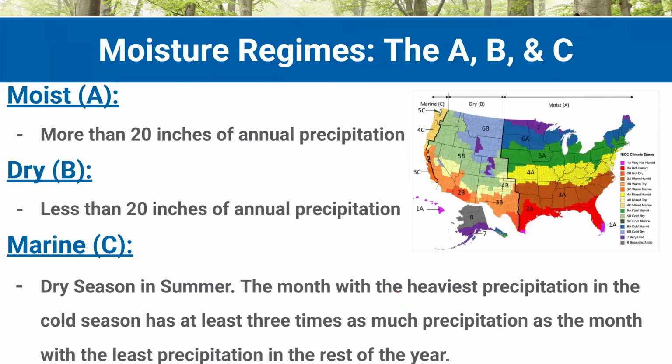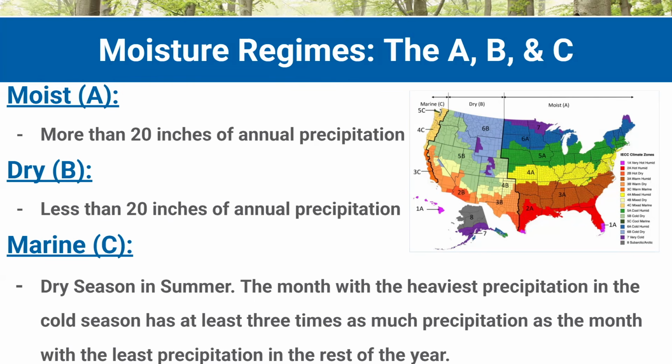Looking at that moisture regime, A being moist, B being dry, C being marine, this is directly based on how much precipitation happens during the year. Moist means more than 20 inches of annual precipitation, whether that's rain or snow, dry being less than 20 inches.